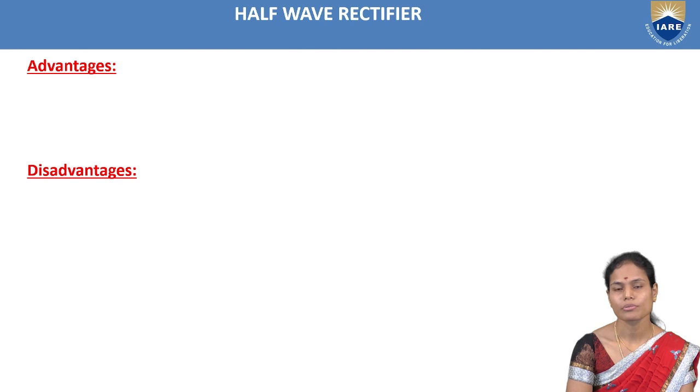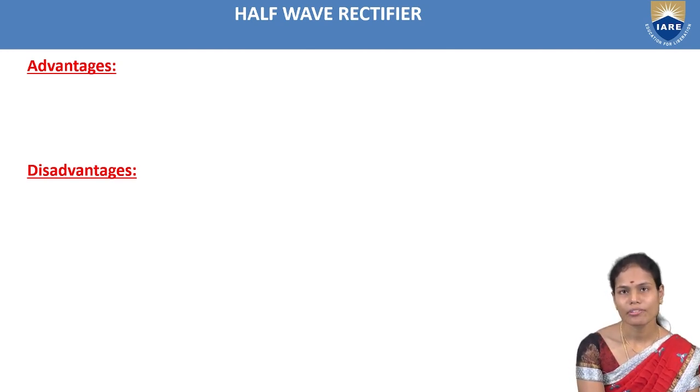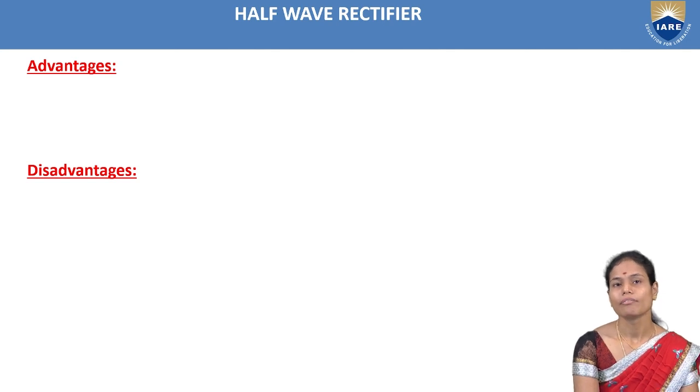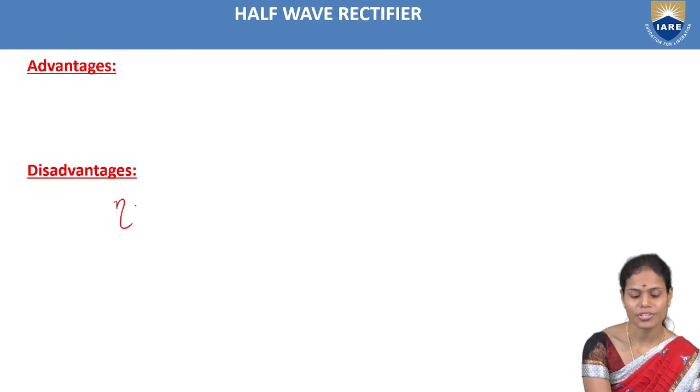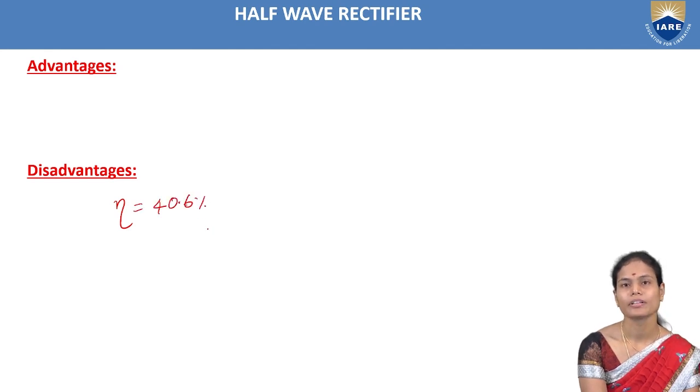And the size of this one is also less. While coming to the disadvantages, it utilizes only half of the power for conversion of AC to DC. That is the basic drawback. Because of utilizing only half the power, it provides very low efficiency, only 40.6%.